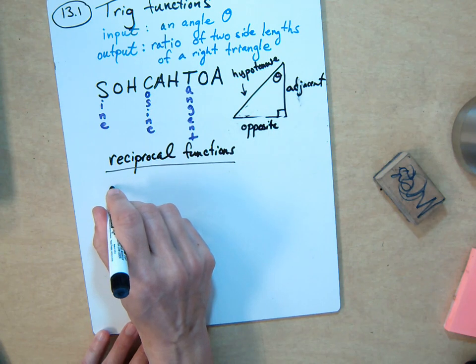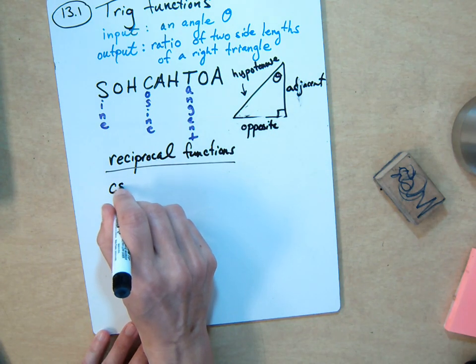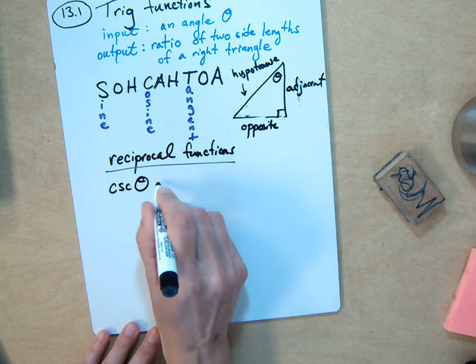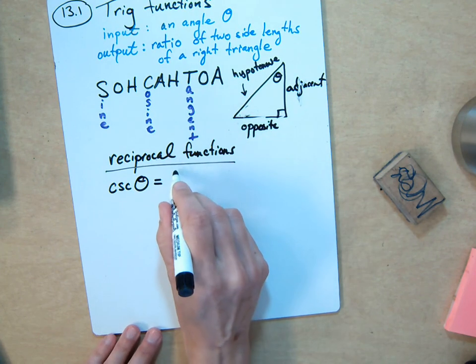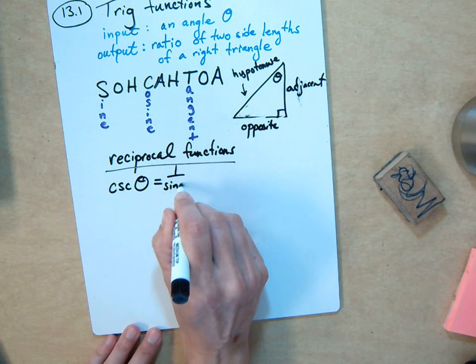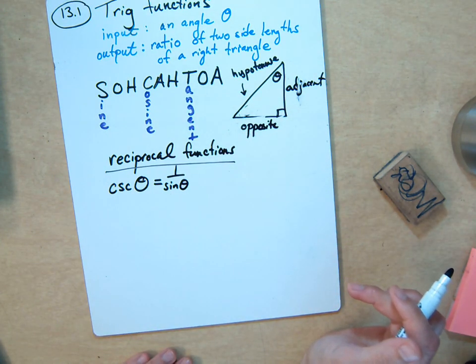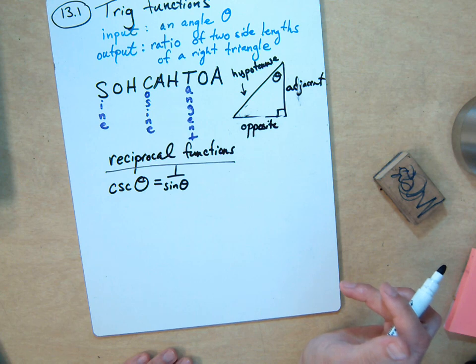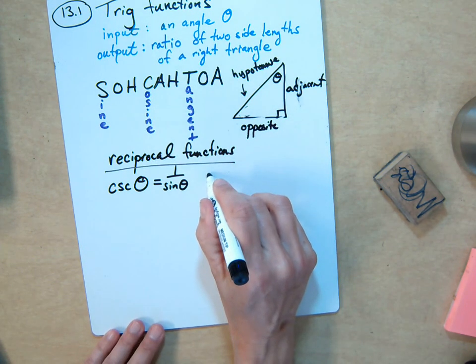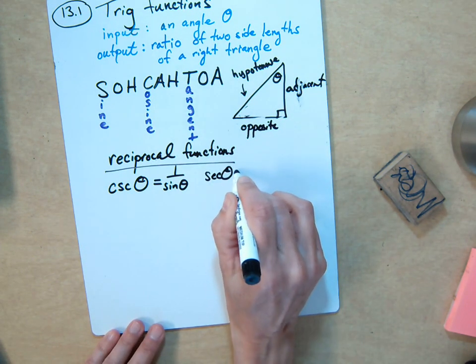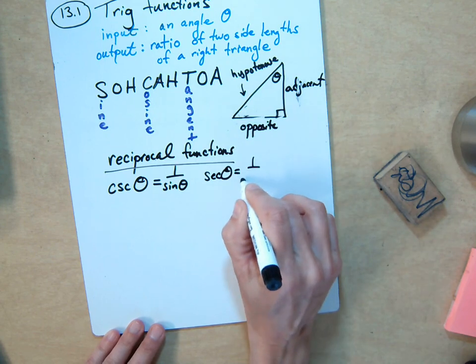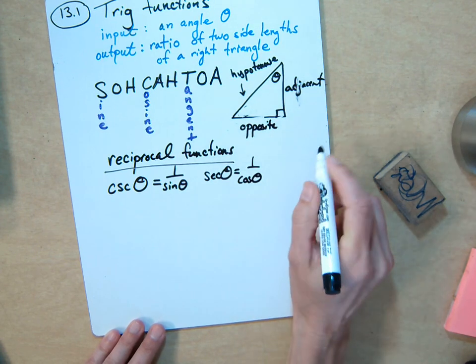The first one is called cosecant of theta, and cosecant is 1 over the sine of theta. Literally it's the reciprocal of the sine, and that's all you need to know about it for now. The secant of the angle is 1 over the cosine of the angle.